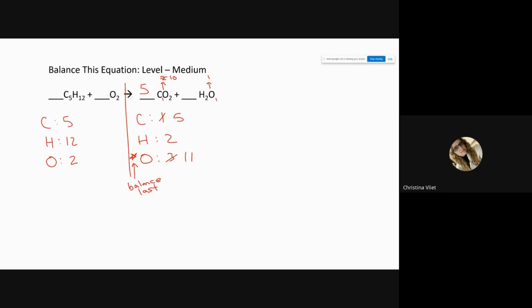You could just ignore oxygen until the end, but I just wrote it down. Go to hydrogen. How do I change 2 to 12? I have 2 hydrogens. Remember, smaller goes to larger. 2 times.